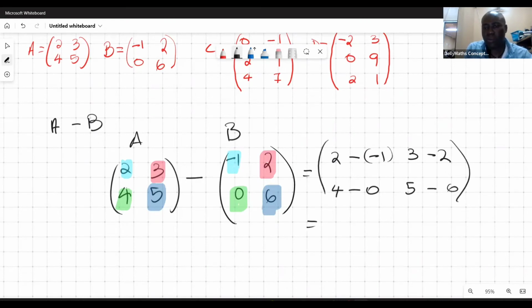After this, the rest is to put these together. Bear in mind that when two negatives are beside each other without any number between them, it becomes a plus. So that is 2 plus 1, that's 3. 3 minus 2 is 1. 4 minus 0 is 4. And 5 minus 6 is minus 1. This is the result of A minus B.